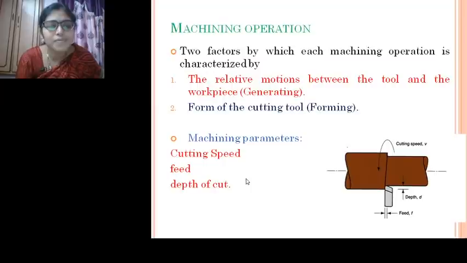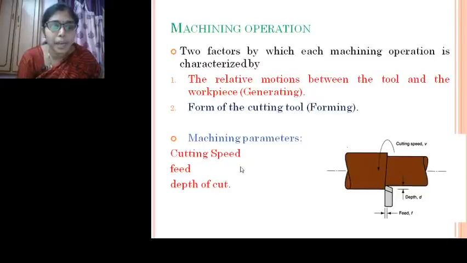Now, while doing the machining operation in the lab, you might have observed that by increasing the feed, if you have moved the tool very fast, the chip obtained will be very thin, and by giving more depth of cut, the amount of material removed will be much higher, right? And also the amount of heat generated will be much higher.